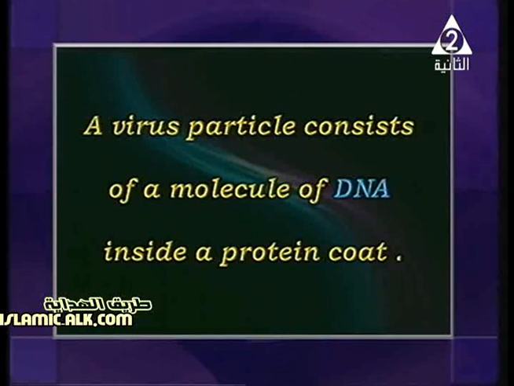The virus might be just a piece of DNA, single strand or double strand, or maybe RNA. In other cases, these viruses are protected or covered by a kind of coat. So we have two types: one is naked viruses, and the other is coated or enveloped.